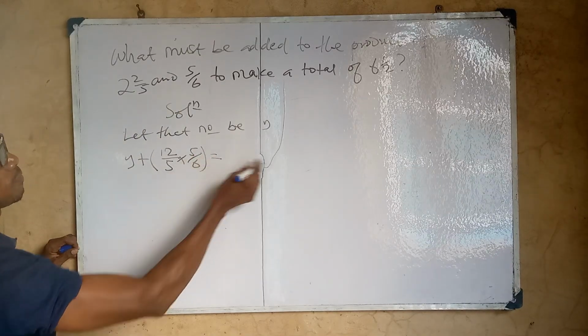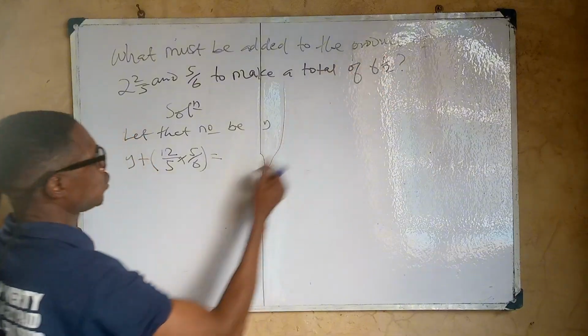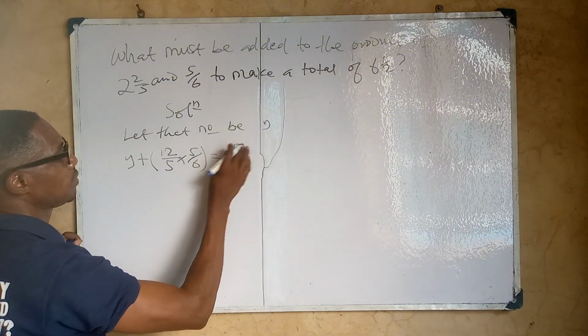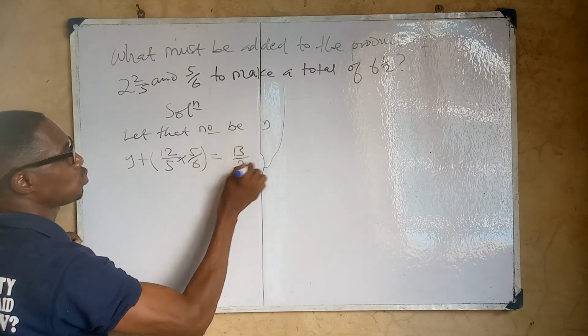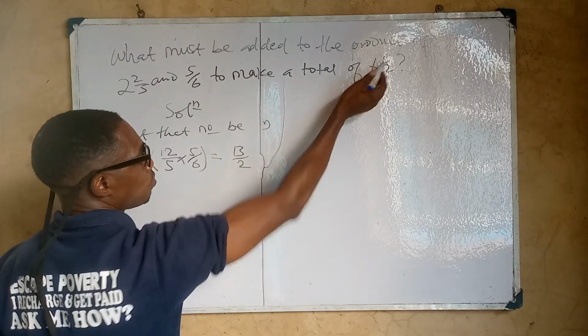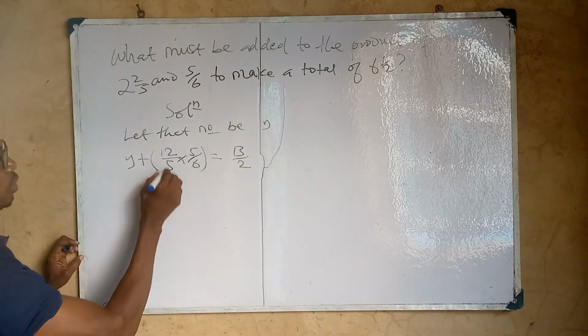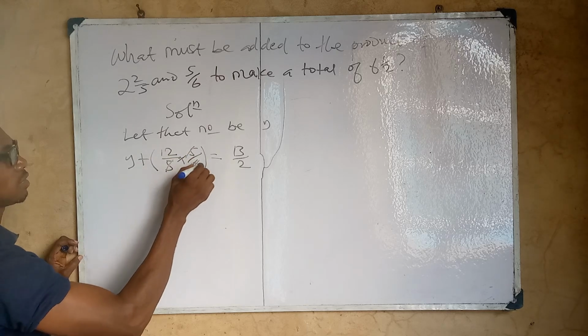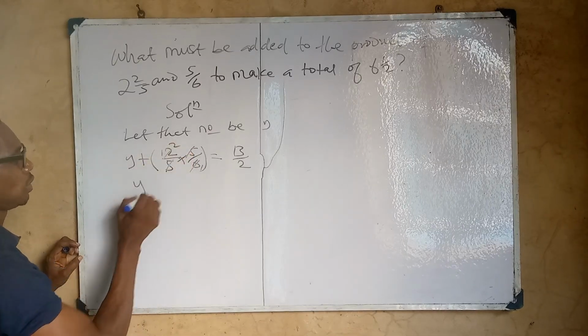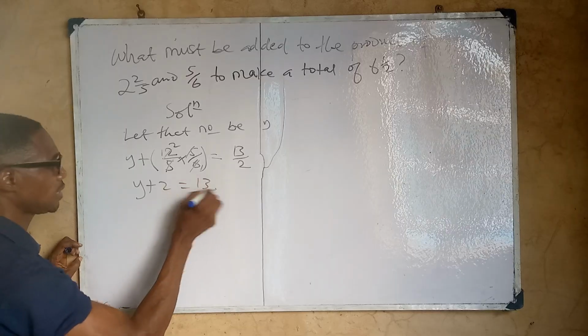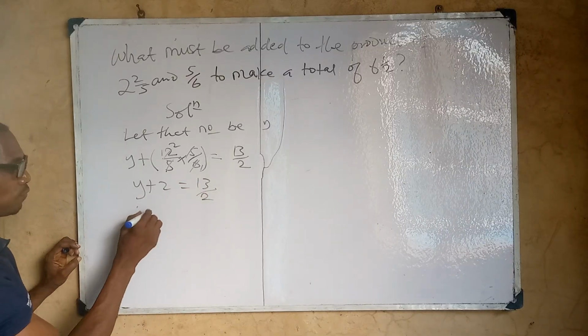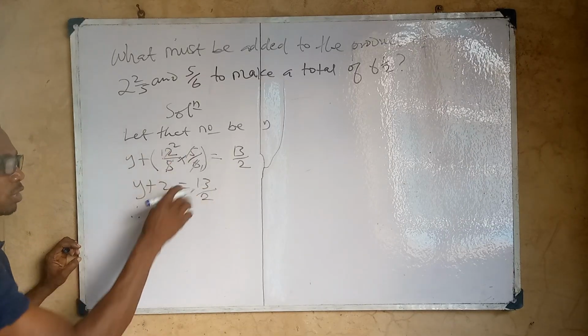It will give us 6 whole number 1 over 2, which is 13 over 2. You know that? 2 times 6 plus 1, 13 over 2. Here we have 5 and 5 cancelling, 6 and 12 giving 2. That gives me y plus 2 is equal to 13 over 2. Therefore, that number y is equal to, take the plus 2 to the other side.